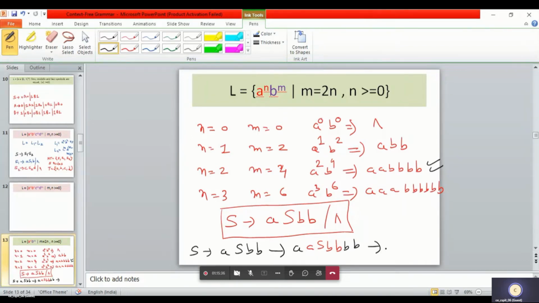So finally we'll get the pattern AABBBB, which is our required string. So every time when we are generating one A, we are generating 2B on the other side. So I hope this analysis is clear. Let us proceed further.